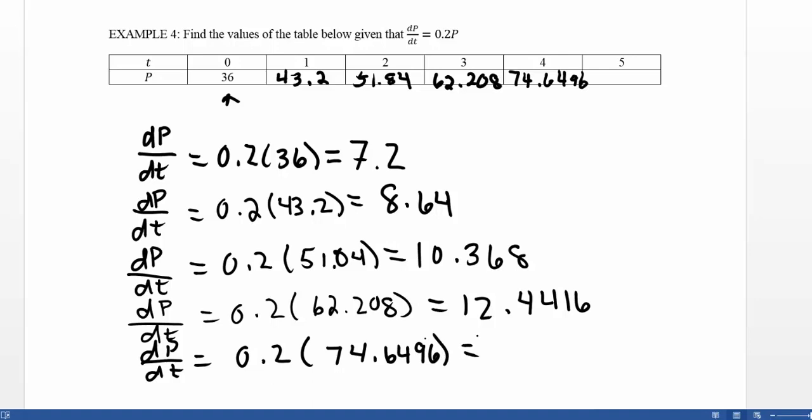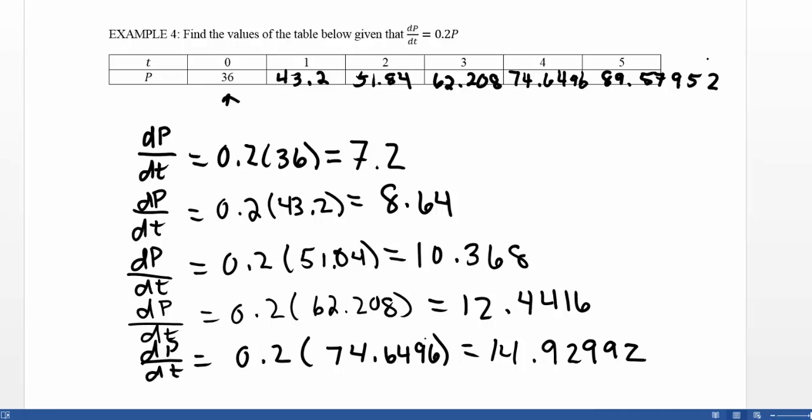And I get a change of 14.92992. And so I add that to my 74.6496, and I get my final approximation of 89.57952.